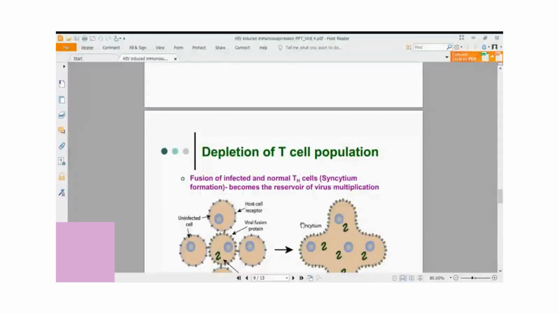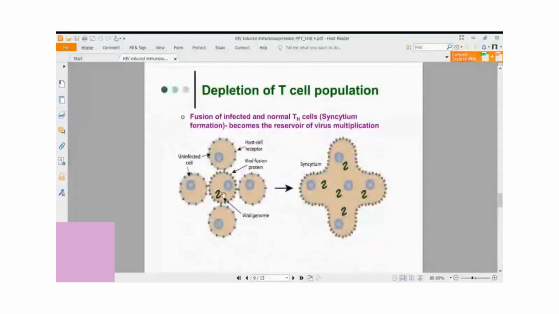It becomes highly adhesive and starts fusing with other TH cells which are not yet infected by the virus. And this fusion will result in the formation of a giant TH cell. And that giant TH cell is also called a syncytium.